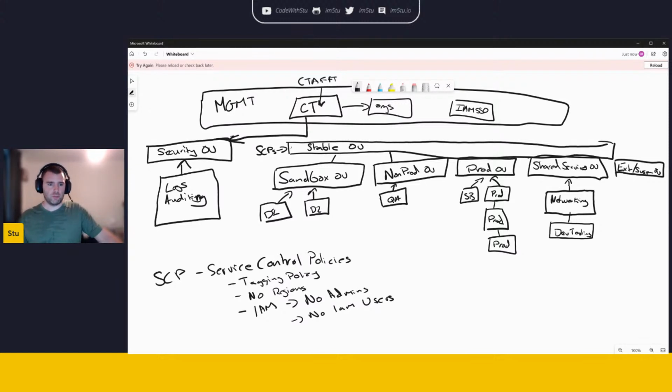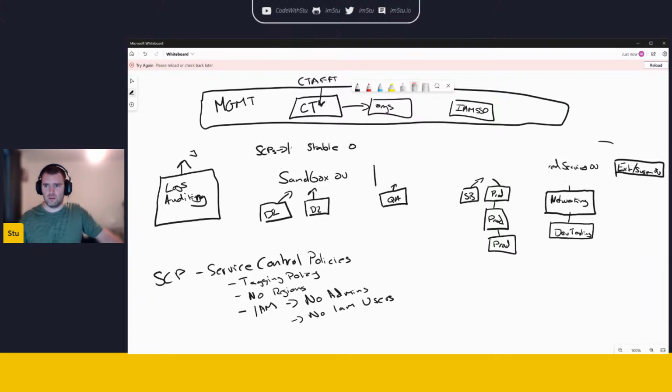But there's one problem. If you do put service control policies at this kind of level, then you're going to want a way to test them. So what ends up happening, I'll just quickly redraw most of this.